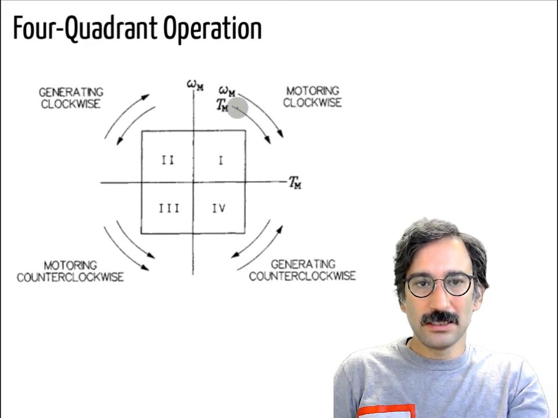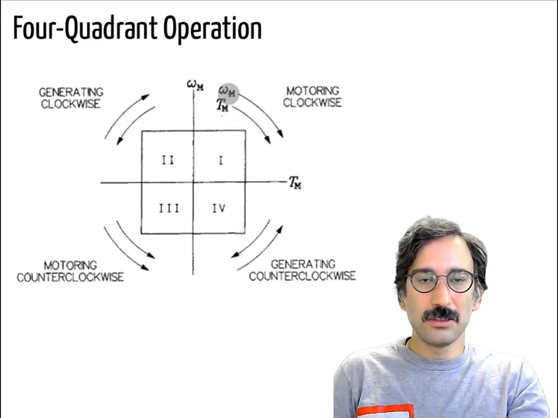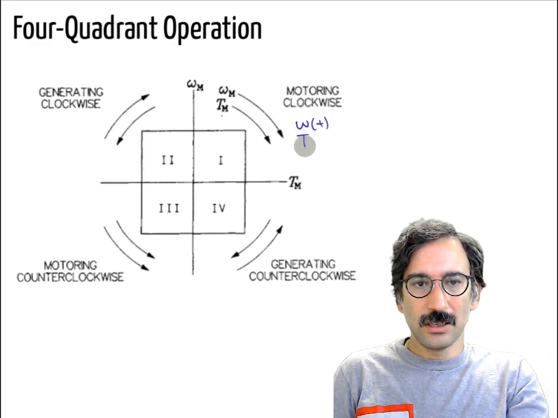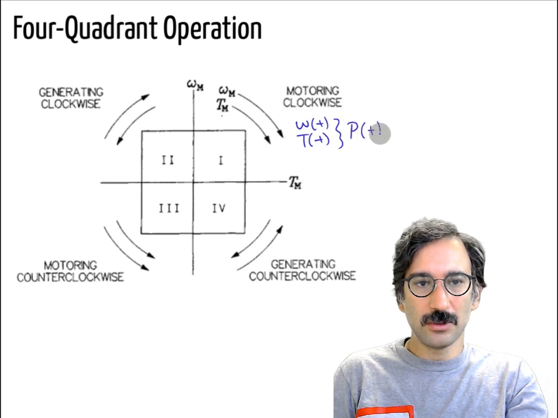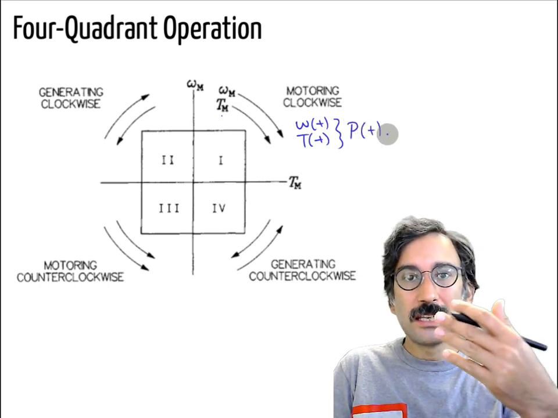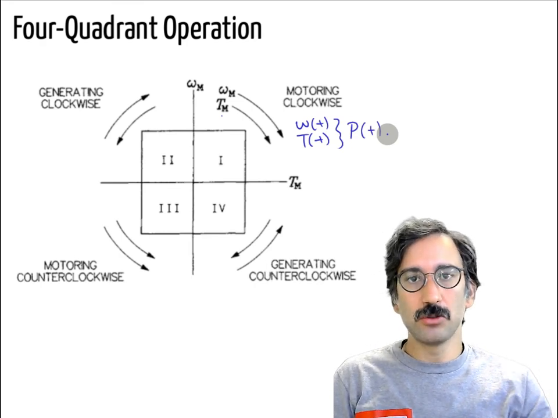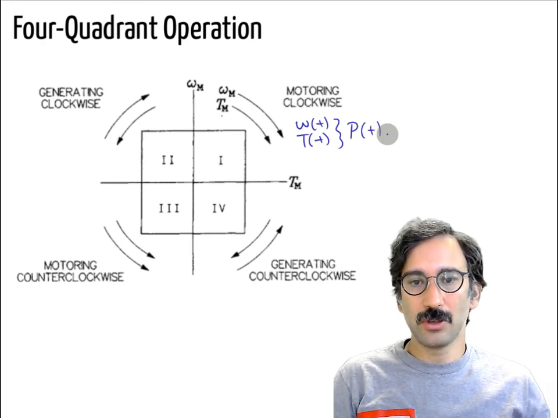The first one is where the torque is positive or clockwise, and speed is clockwise. In this case, torque is positive, so that means power is positive. Let's say you are giving some power to the output, so that means you are motoring in one direction, motoring clockwise.